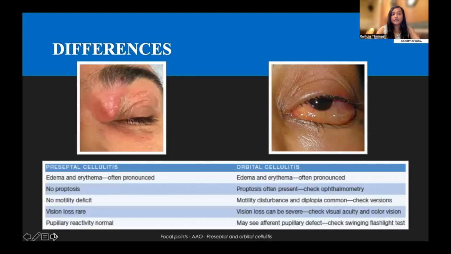Now, the difference between preseptal and postseptal is very important because the management changes accordingly. So in preseptal cellulitis, definitely there'll be severe eyelid edema, but there won't be any proptosis, no motility deficit, no vision loss, and the pupils would react normally.